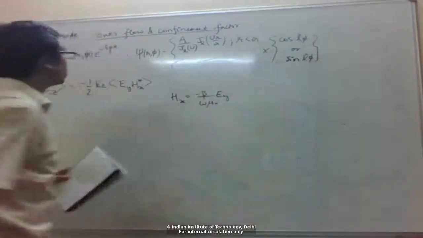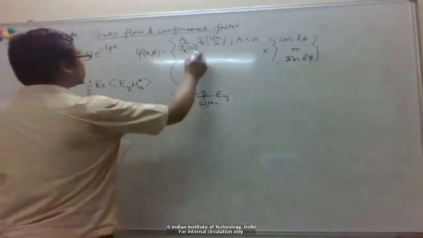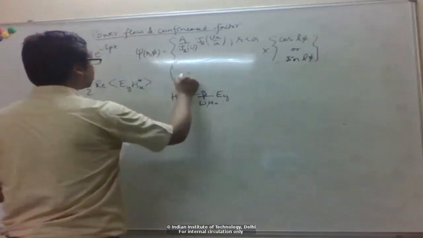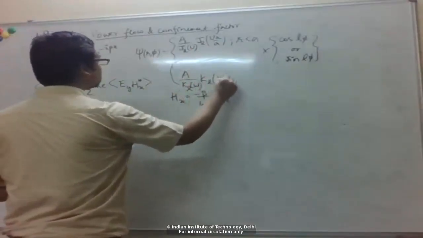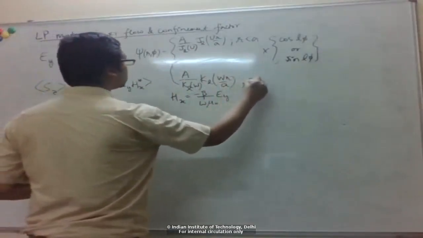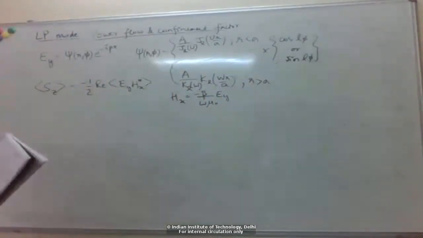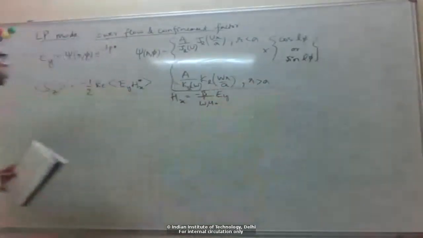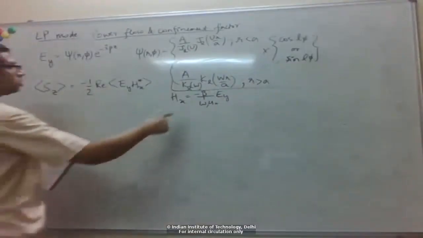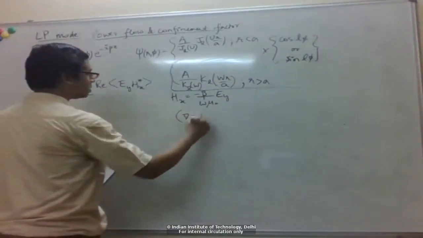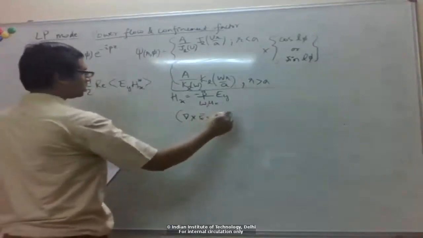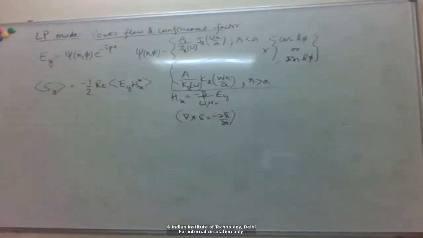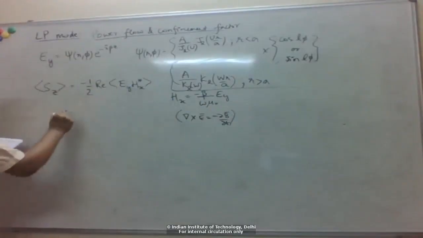It's just the same mode profile that we've already written down many times: in the core, the Bessel function J of the first kind, and in the cladding, it's this. From Maxwell's curl equation, del cross E, if you take the x component, then you get this. So we plug this in for Hx here.